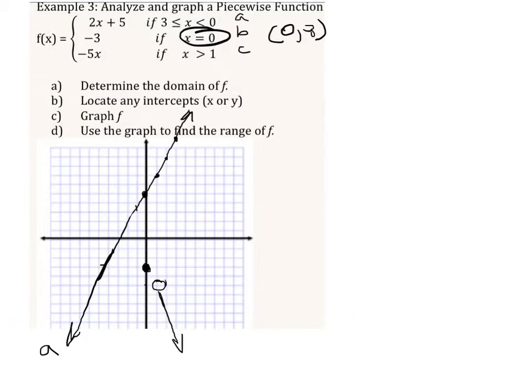Okay, do me a favor and change this guy to -3. That way we can make it look like a real function, because otherwise we had something screwed up there. So we need to put an open dot at 0.